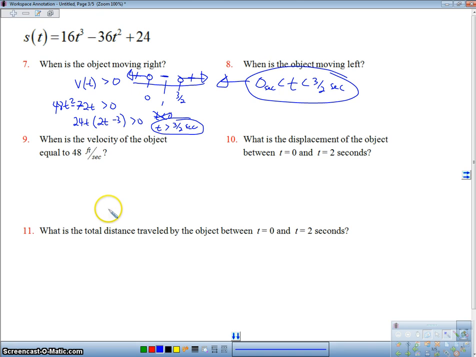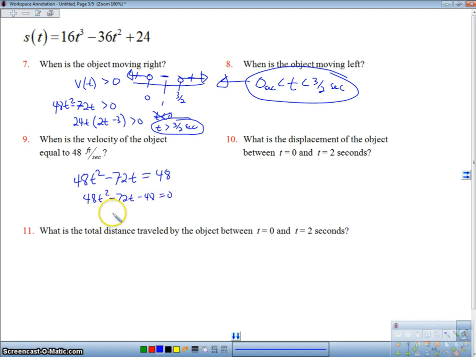So when is the velocity of the object equal to 48 feet per second? We're going to take our velocity formula here, set it equal to 48, and solve for t. When we solve this for t, we're going to have to move the 48 over, and we're going to have to factor.